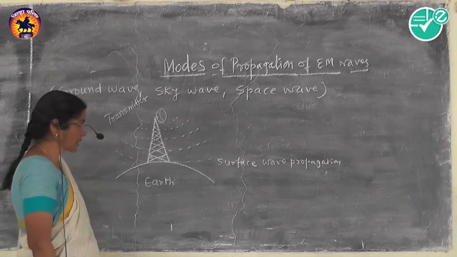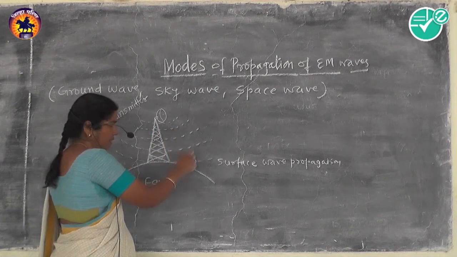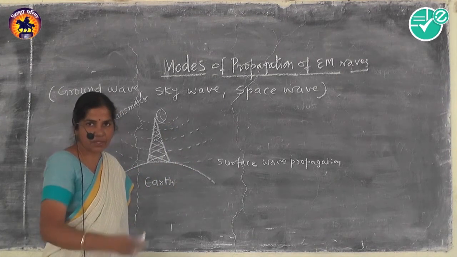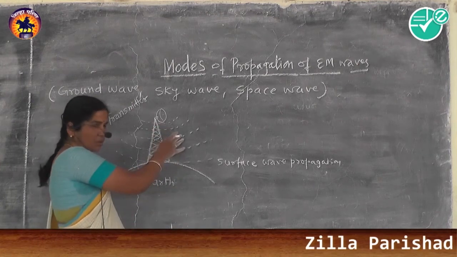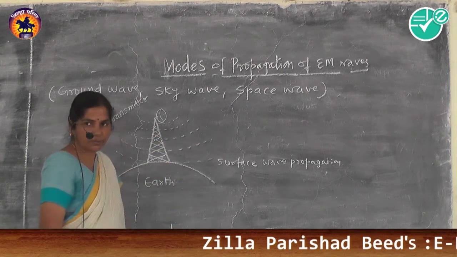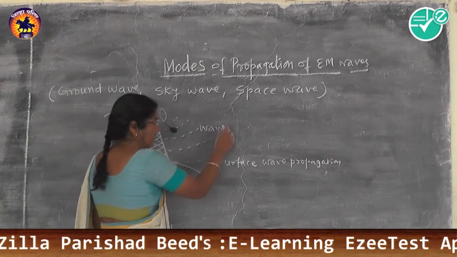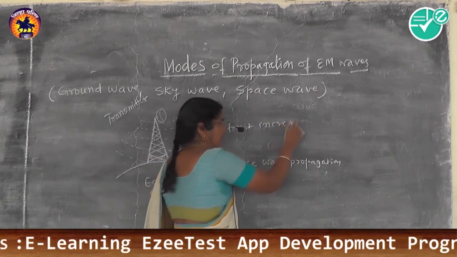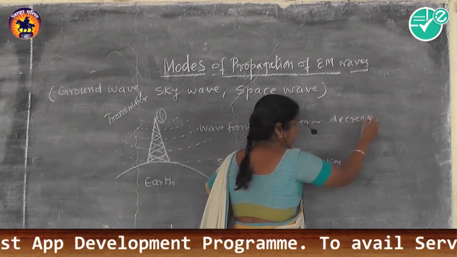Therefore, the wave front becomes longer and longer as the wave travels much distance. When the wave goes very far from the transmitter, the wave front increases, and there is a possibility of decrease in its strength.